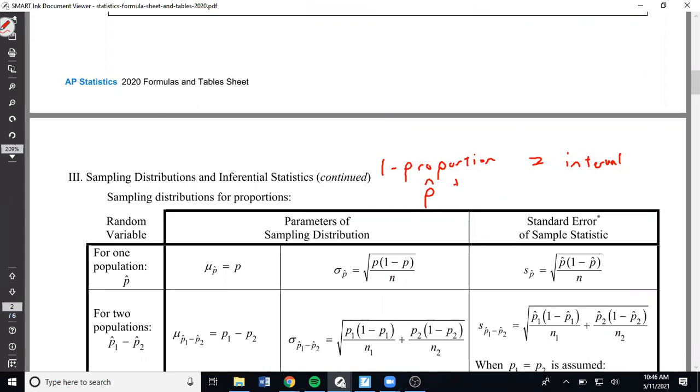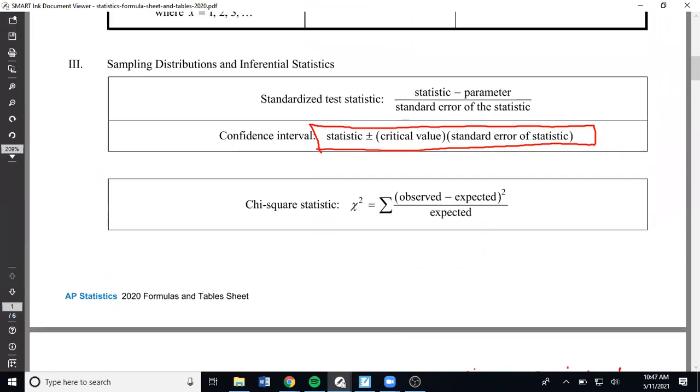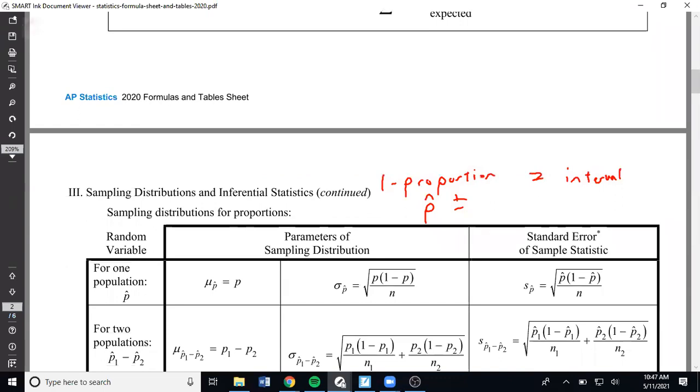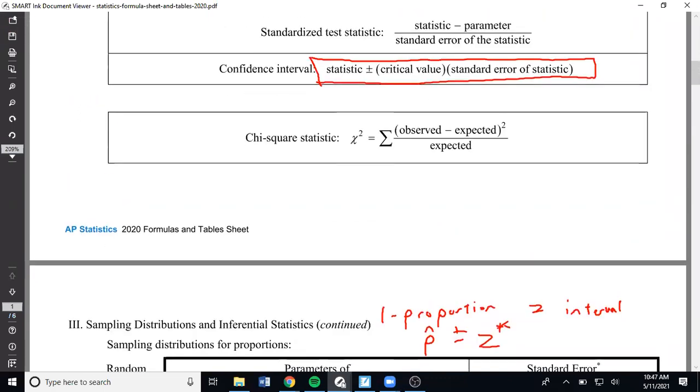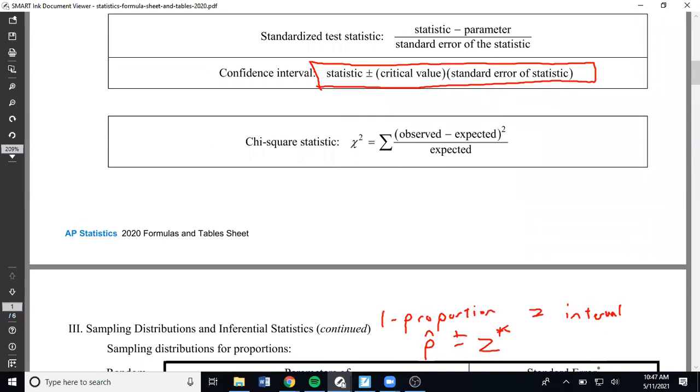Then plus or minus our critical value. Since we're using proportions, what should go in for our critical value? Should it be a z-score or a t-score? It's going to be a z-score since we are using proportions. Remember, t-scores go with means. So that's going to be a z-score times the standard error of the statistic.